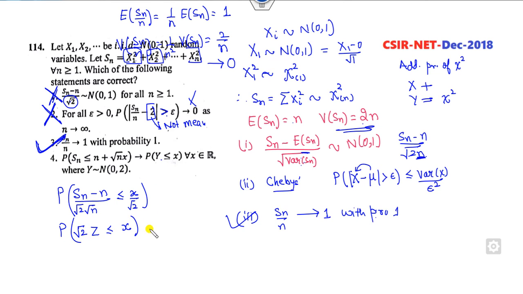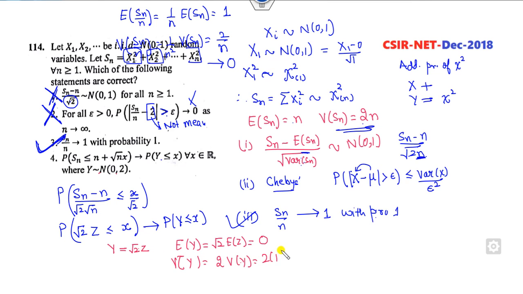Now if you compare them, it will converge to Y less than X when Y follows this behavior. So what is the expected value of Y? This is root 2 times the expected value of Z. The expected value of Z is 0, so it will be 0. What is the variance of Y? I can write it as the square of root 2 times the variance of Z. The variance of Z is 1, so it is 2. So that's 0, 2. So it is a right answer. So C and D are the correct answers of this problem.